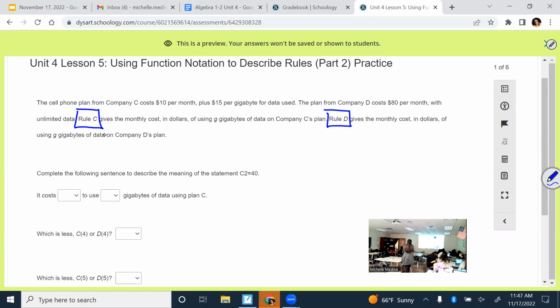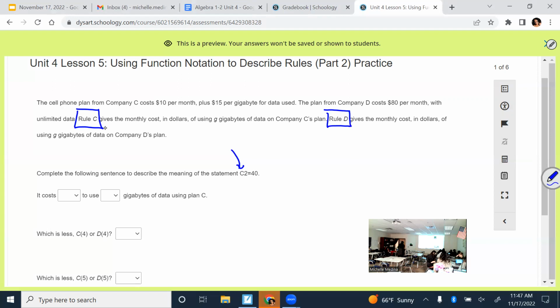Complete the following sentence to describe the meaning of this statement. So since there's a C there, we're clearly talking about function C, right? Company C. Which would be the input? The gigabytes of data used or the cost?